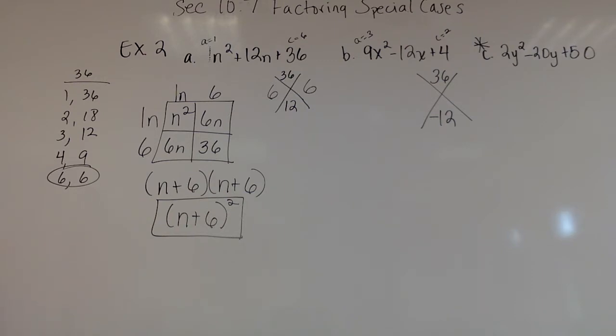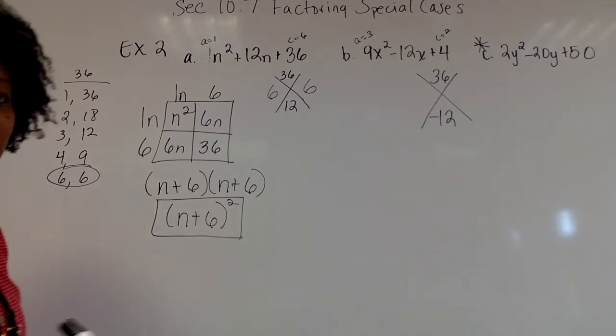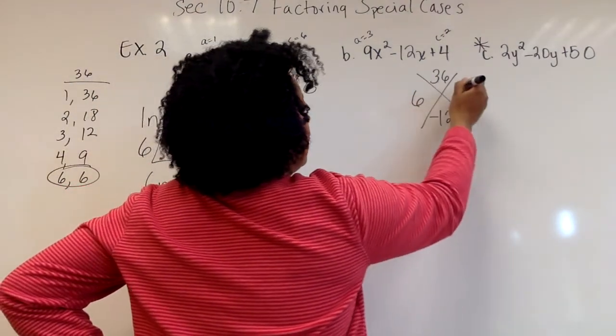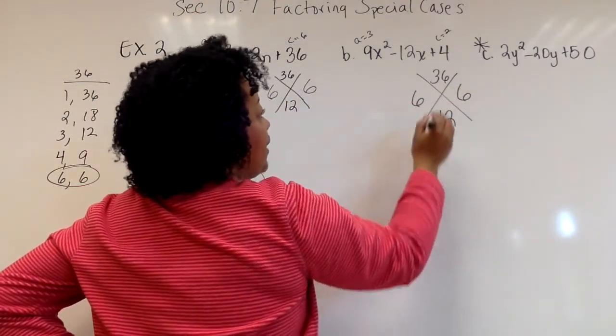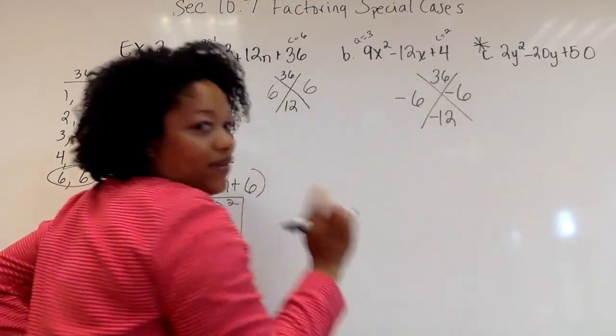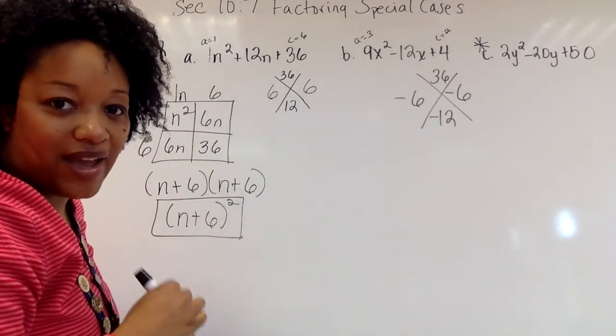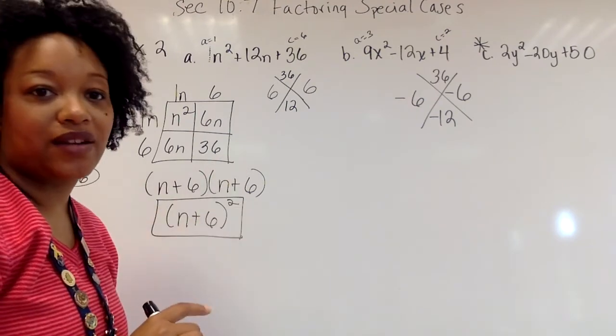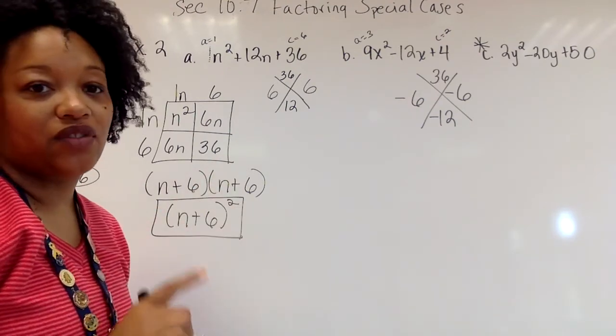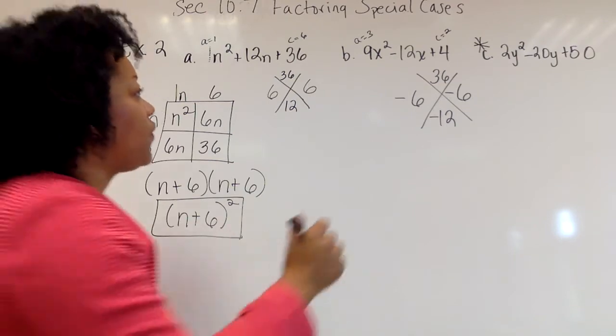So I go back over here and I'm looking at the factors of 36 that when I add them give me a negative 12. What did I do wrong? Nothing. Watch this. It's still going to be the 6's, but instead of being positive, they're both going to be negative. Negative 6 times negative 6 gives you positive 36. When you add them, it gives you negative 12. Now we're ready for the X box.